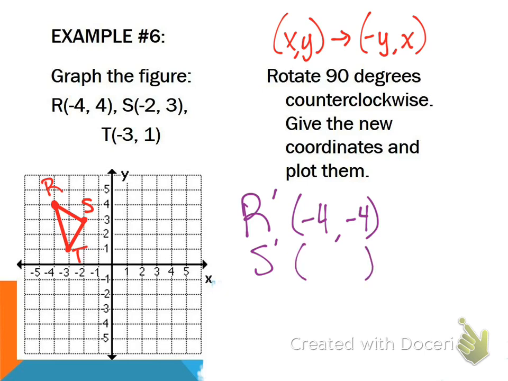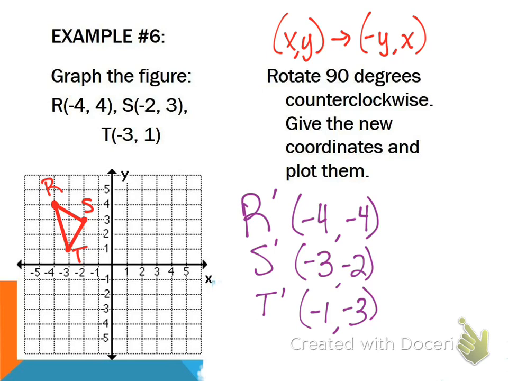S prime, where is it going to be? What's my first coordinate? Okay, negative 3, comma, negative 2, and T prime. Good.